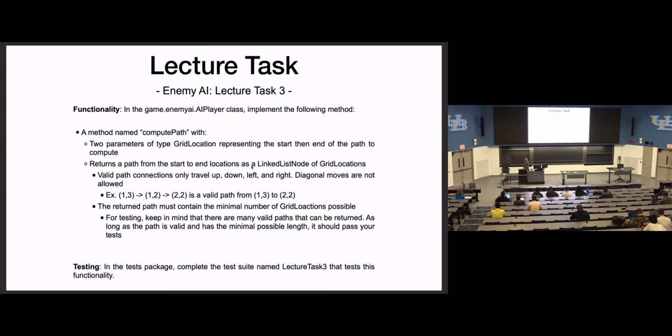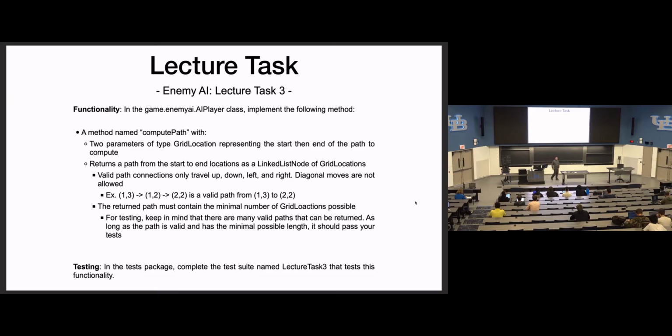So the lecture task for today admittedly doesn't have anything to do with trees, so this one's a little disconnected from the lecture content. You can do this with linked lists, but we're going to compute a path through a grid. So for the game, for project 4, there's a 2D grid of XY locations.